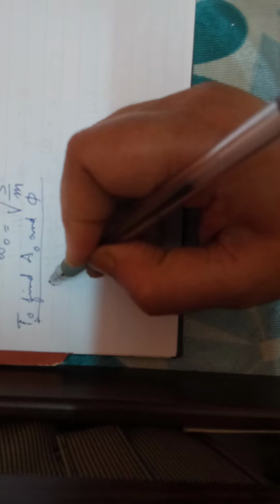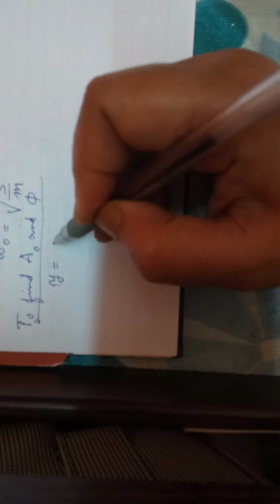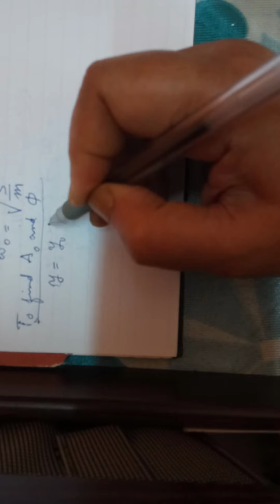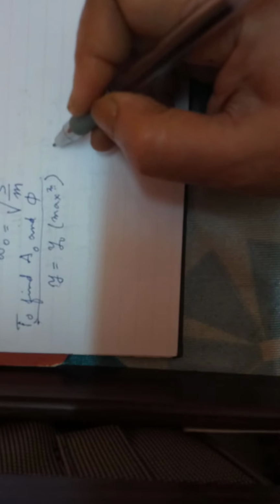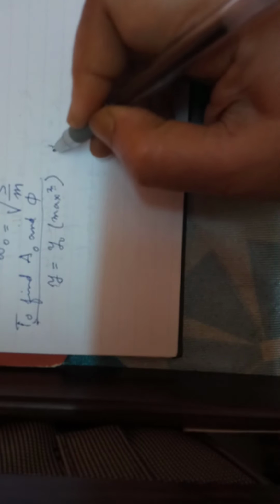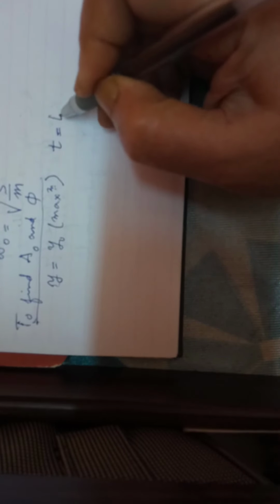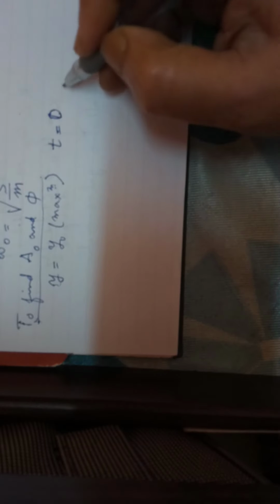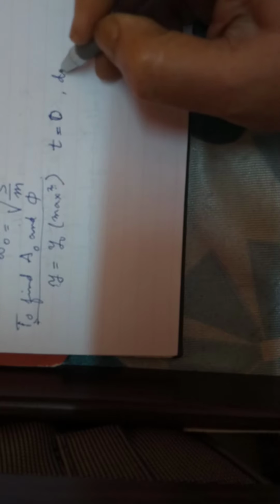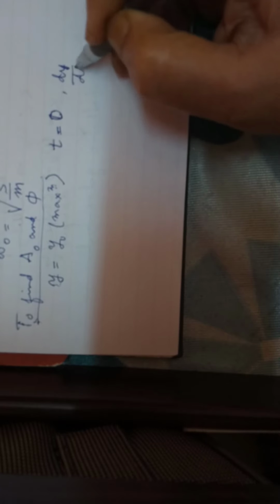Well, you can show that when the displacement is maximum, say at y equal to y0, which is your maximum displacement, and let it happen at time t equal to 0, that means you are starting from that time, then when the displacement is maximum, dy/dt is equal to 0.